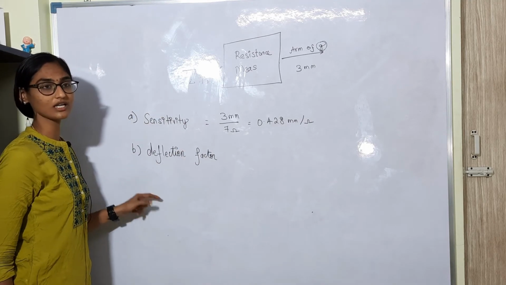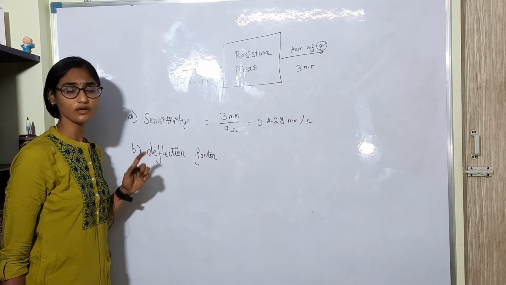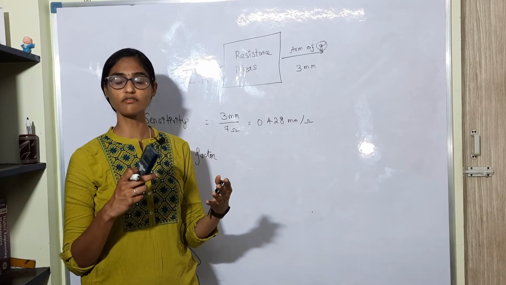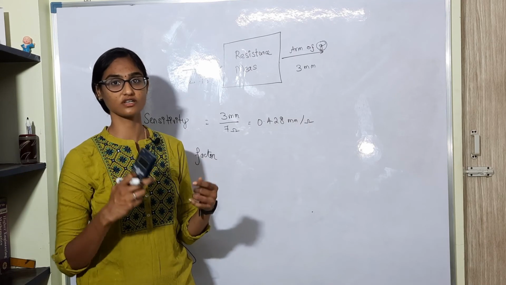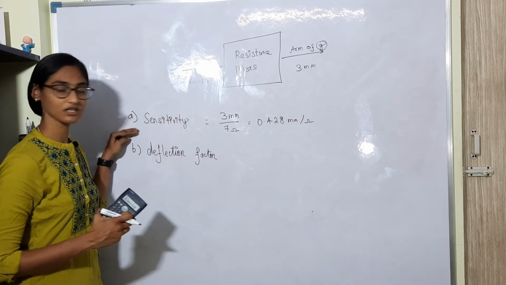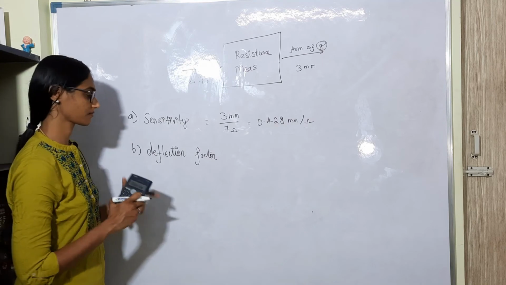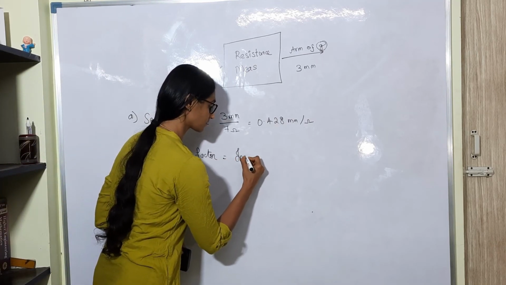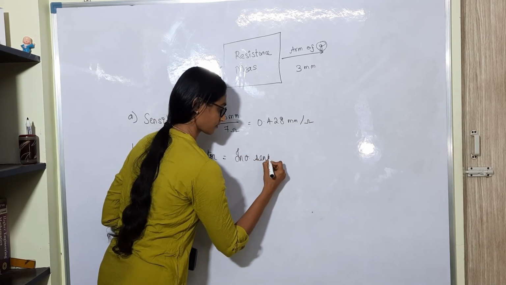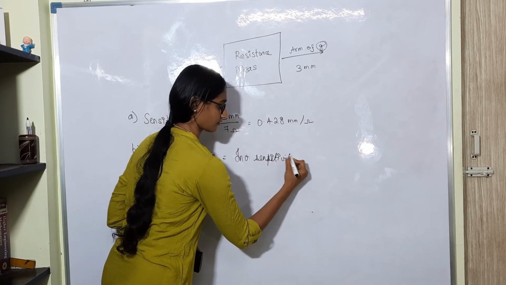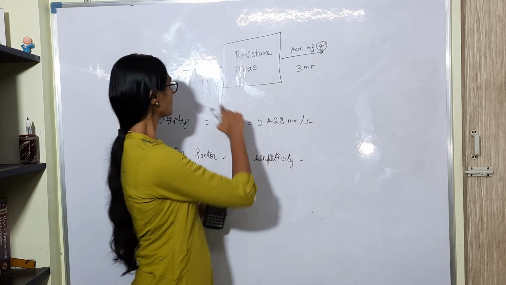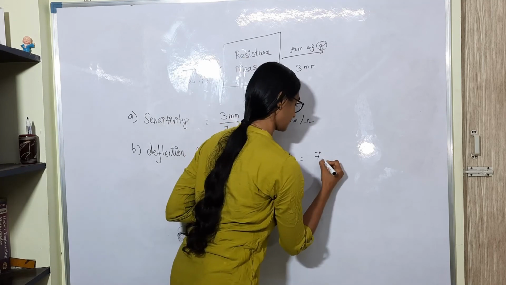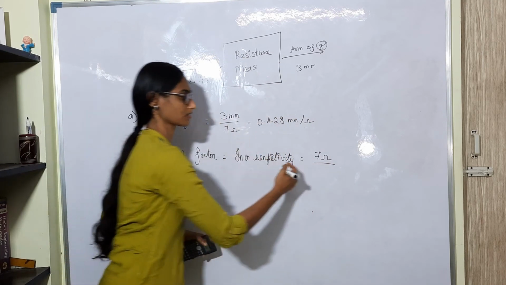We are asked to find out the deflection factor. What is deflection factor? How much should the resistance be for every one division of the reading, which is nothing but the inverse of sensitivity. Okay, so the deflection factor is also called inverse sensitivity. So what is deflection factor? It is 7 ohm divided by 3 mm, or just the inverse of it.